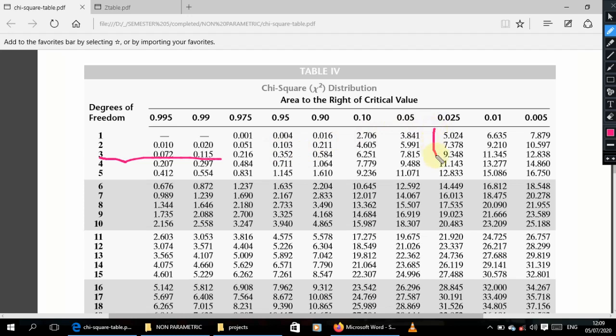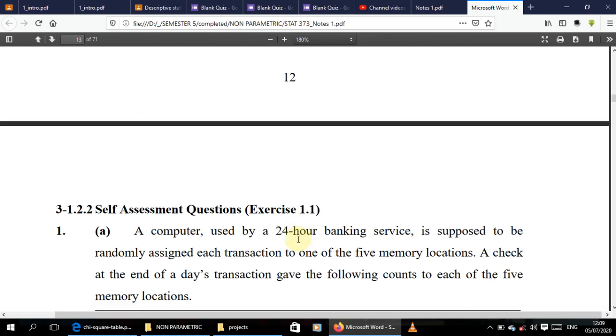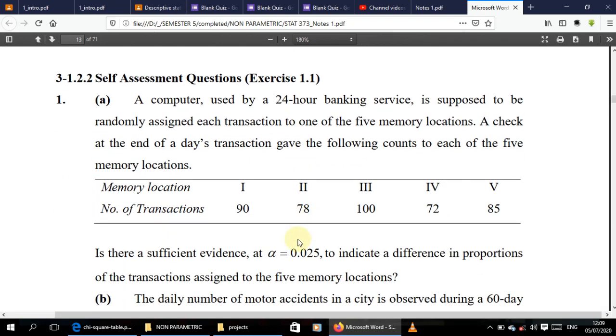Okay, so that's where they intersect: 9.348. So that ends this. Okay, so these are typical examples.